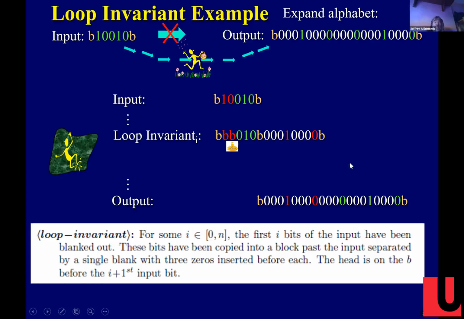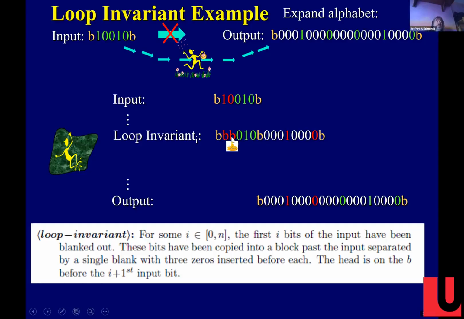Everybody see that when we've got this, we've handled the first two things, and they're over here. And how are we going to know that they're handled? Because we don't have an I. We remember that we've handled them because we blanked them out. Everybody good? And it's also telling me where the head is.